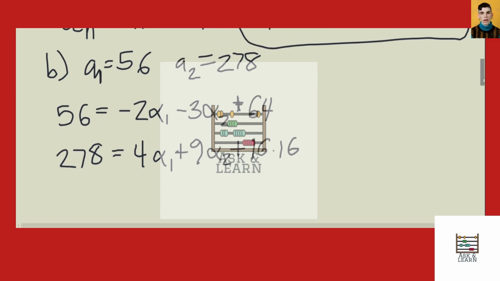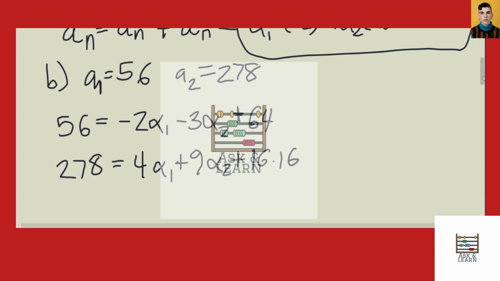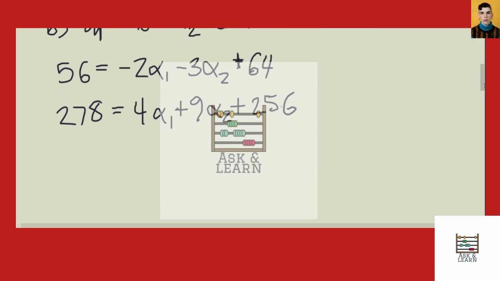This is going to be 4 to the fourth power, 16 times 16, which is the same as 64 times 4, which is 240 plus 16, which is 256. We can rewrite this system.